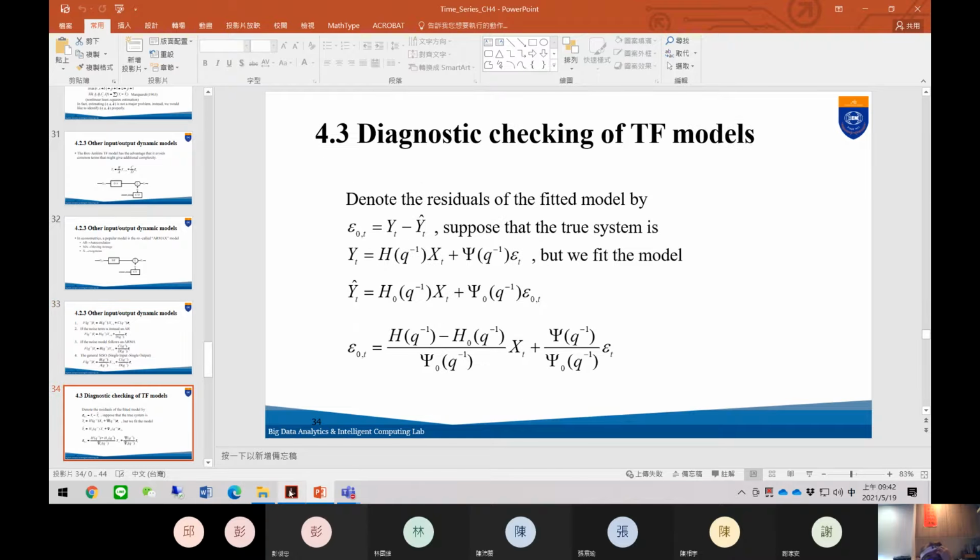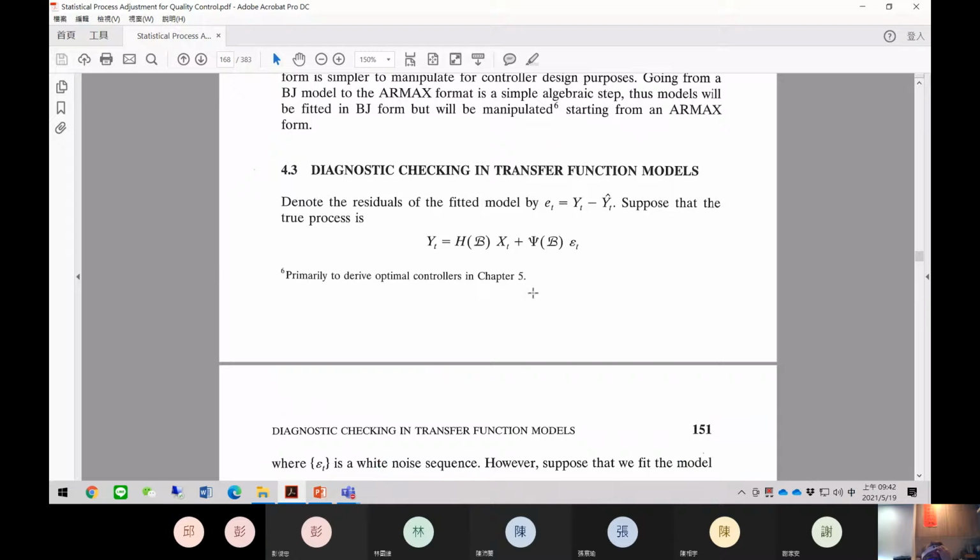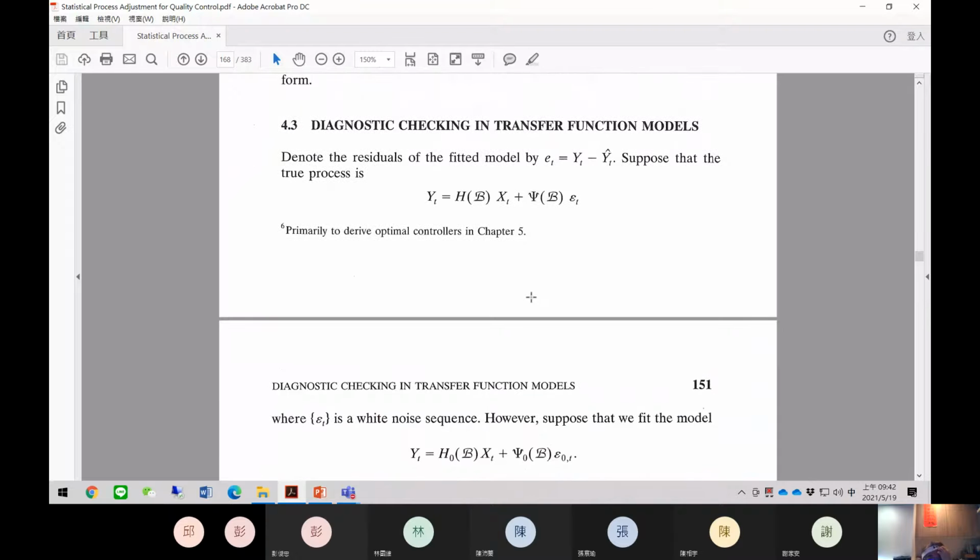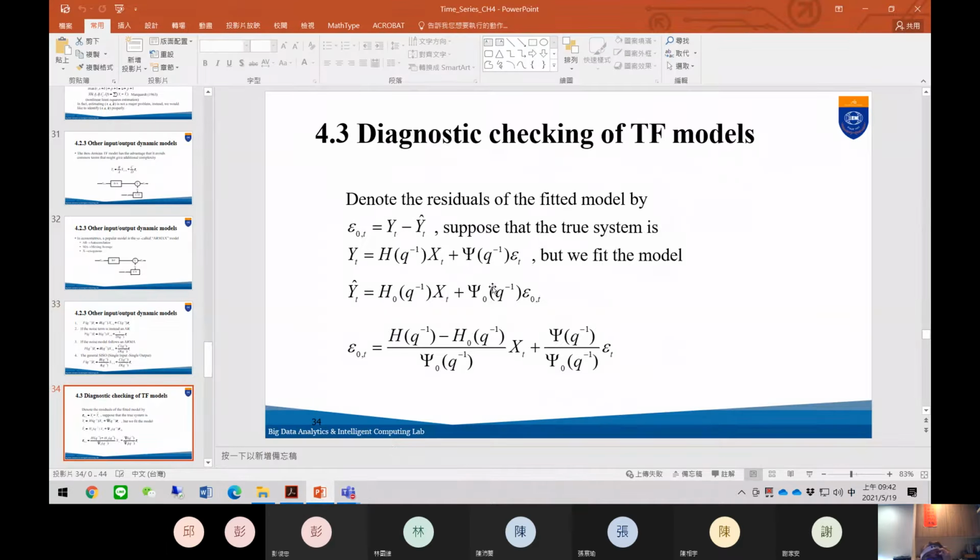Then we go to 4.3, diagnostic checking in the transfer function. Denote the residual of the fitted model by this. Typically, we always use the residual for diagnostic checking.